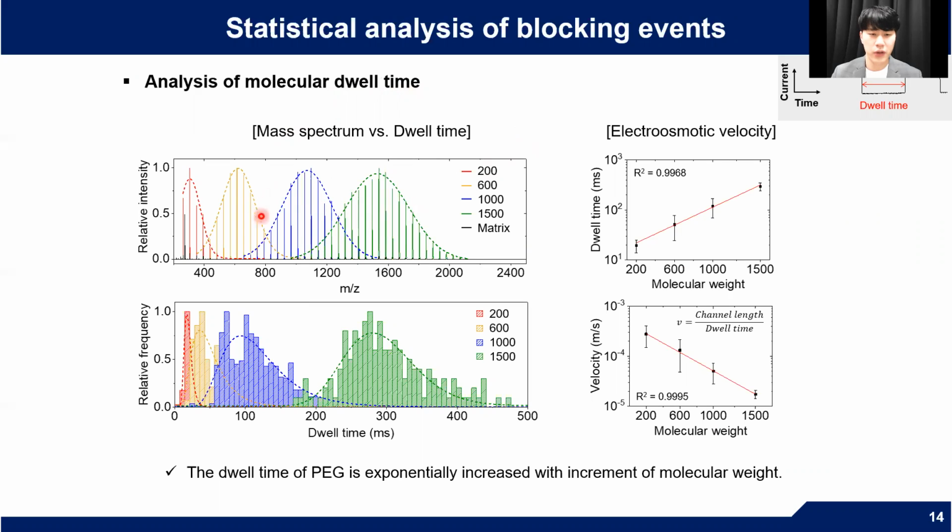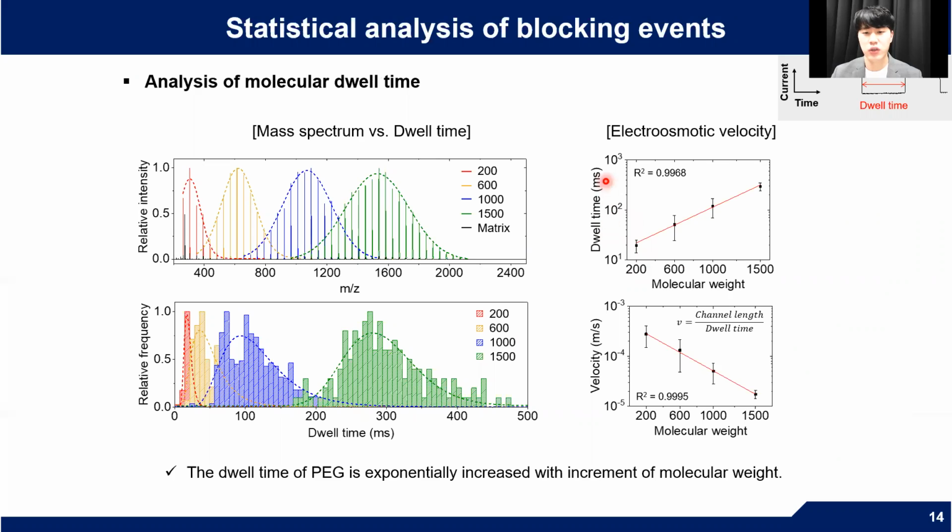So the above graph shows the mass spectra of the PEG used in our experiment. And the below graph shows the statistical histogram of the PEG dwell time in the CNT channel, depending on their molecular weight. After fitting each distribution with a nonlinear curve, we can extract the average and standard deviation.